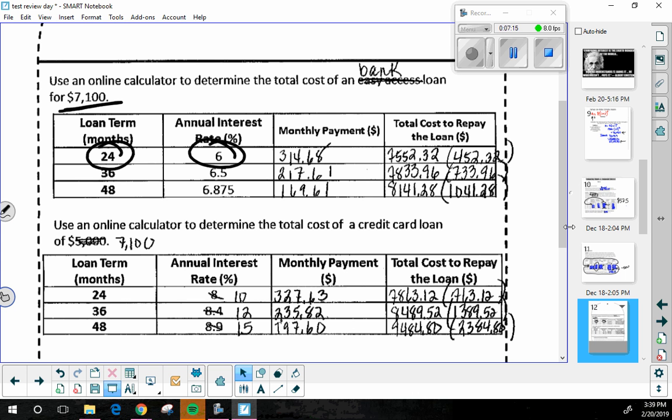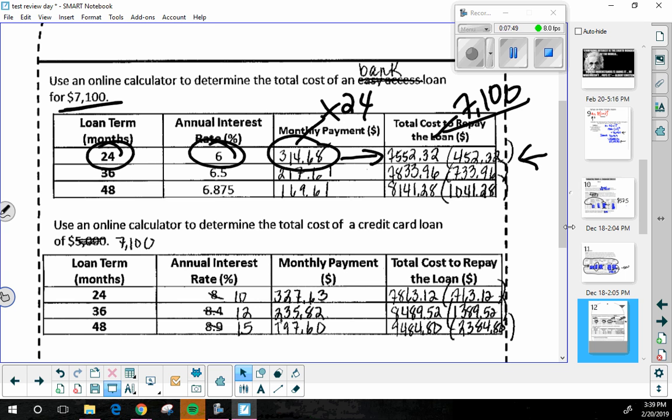To figure out how much we repaid, we take the monthly payment and we multiplied it by, yes, the number of payments that you have to make. And so I multiply this by 24, and that gives me that. That's how much money I repaid. To figure out how much the loan cost me, I take this money and I subtract out the principal. That's how much I initially borrowed, and this first loan is going to cost me $452.